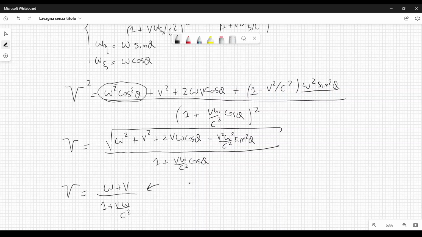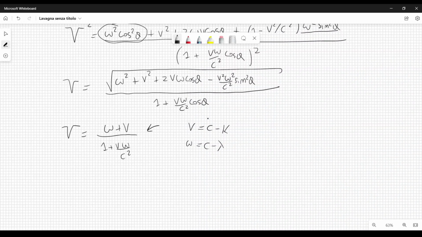For example, to show this, if we consider v equal to c minus k, where k is a positive constant and it is less than c, and similarly we consider omega equal to c minus lambda, where lambda is a positive quantity but still less than c, and if we substitute these two expressions there, we can easily write capital V equal to (2c minus k minus lambda) divided by (2c minus k minus lambda plus k lambda over c) times c.